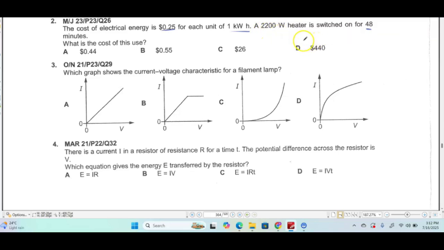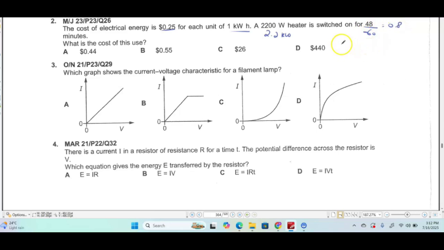So this is going to be 2.2 kilowatts, and 48 is in minutes, so it has to be divided by 60. Okay, so this gives us 0.8.